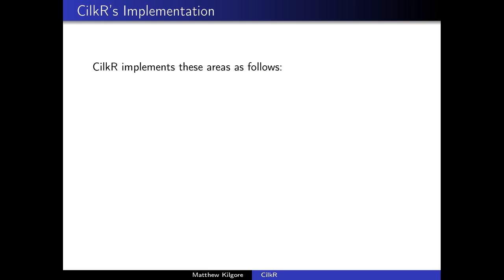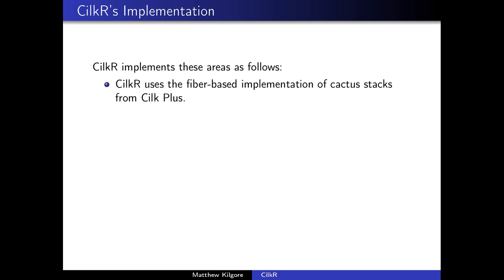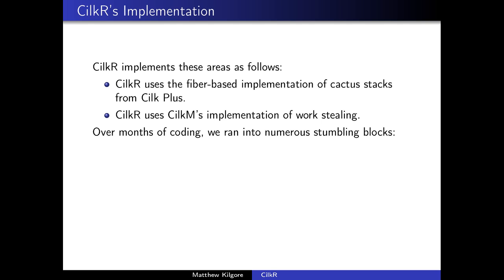Now, CilkR implements these areas as follows. It uses the fiber-based implementation of cactus stacks, and it uses Cilk+'s implementation of work stealing, and indeed the scheduler in general. Now, merging these caused a number of issues.